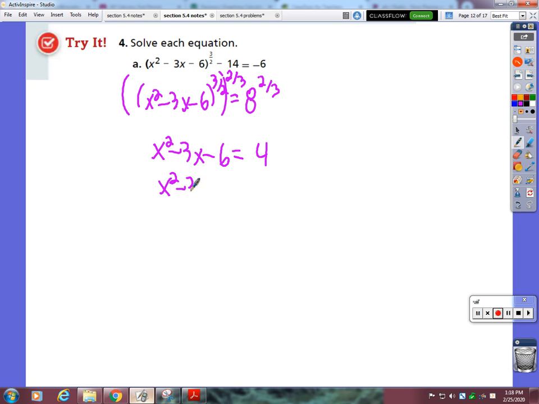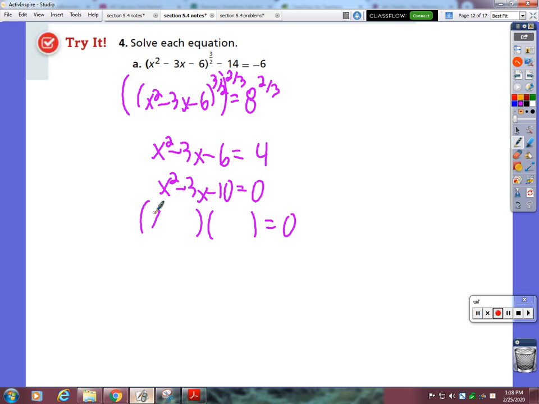Okay. And then you do the thing, and when you do the thing, what do you get? Two numbers that multiply together to be negative 10 and add to be negative 3.